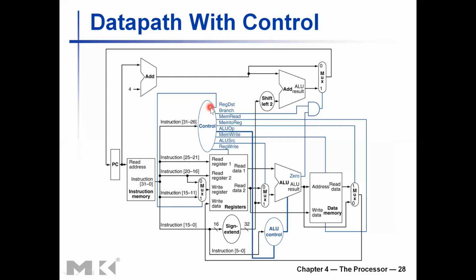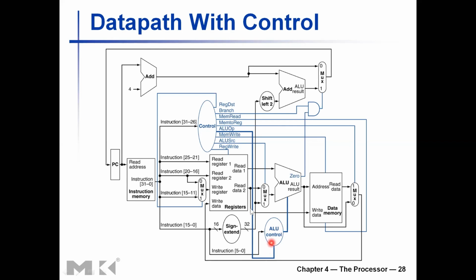For example, this ALU op signal is a 2-bit signal if you remember correctly. So the control unit generates the 2-bit ALU op signal and it goes to the ALU control unit. Here, the second stage of the generation of the ALU control signal is happening.